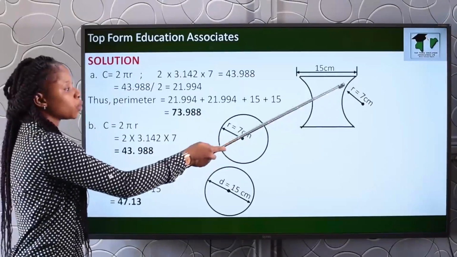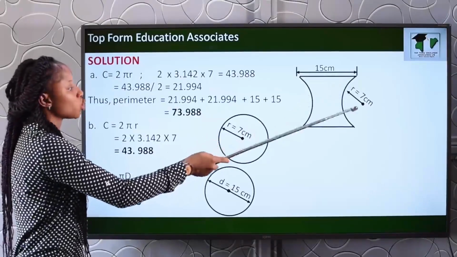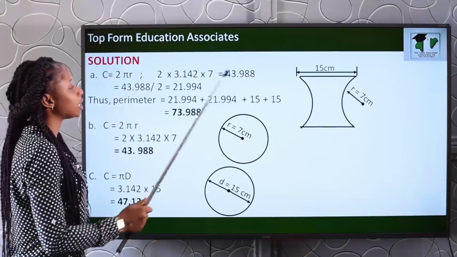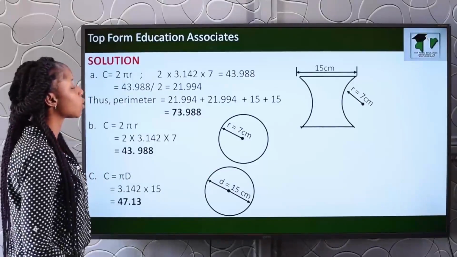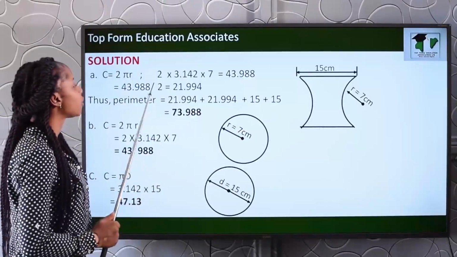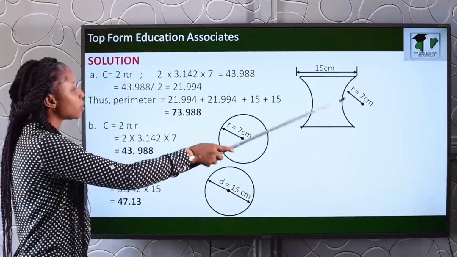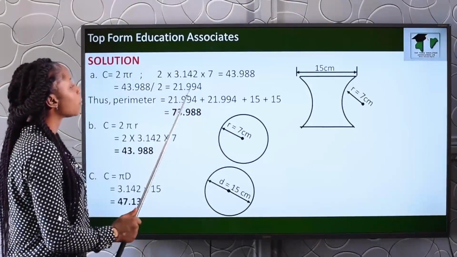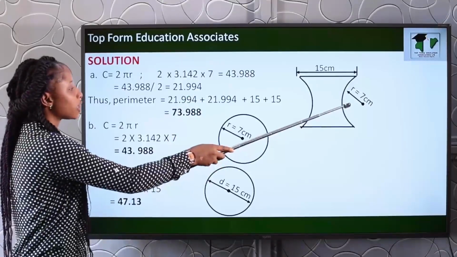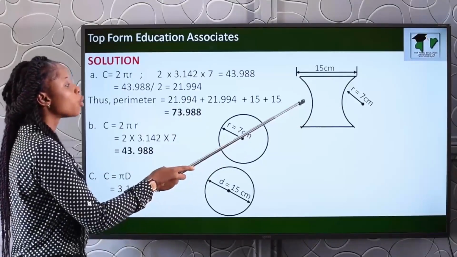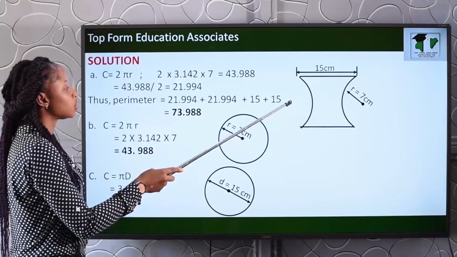Okay, if you look at this shape, you will see that it is not a complete circle. So we can't just use the formula and leave it like that. We have to divide it by 2 because it is a semicircle. And in dividing by 2, we have the perimeter of this part as 21.994. Okay, so if this part is 21.994, this part also will be 21.994 because they are equal.